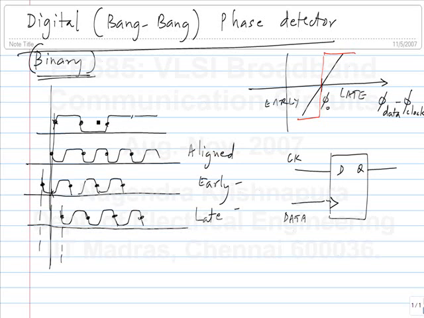And what happens if data is aligned with the clock? Does the scheme work? Does everyone agree about the scheme? Does it give you digital phase detection?